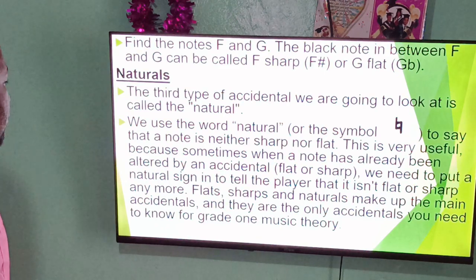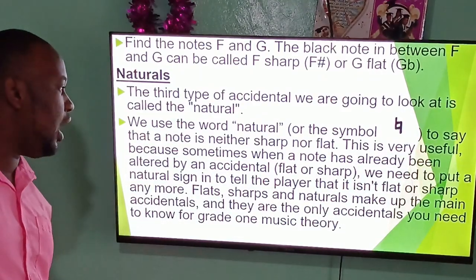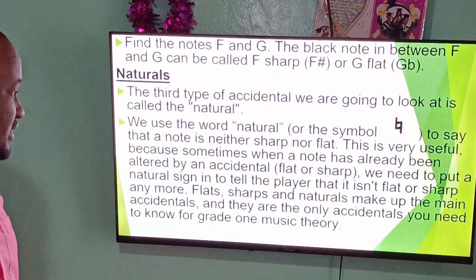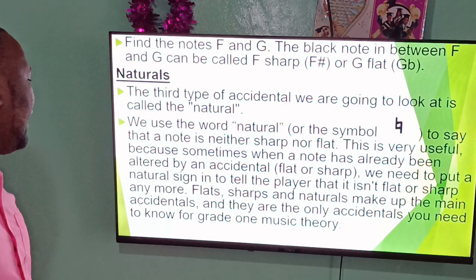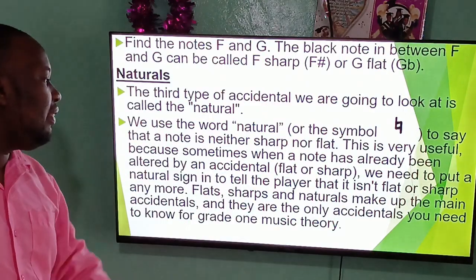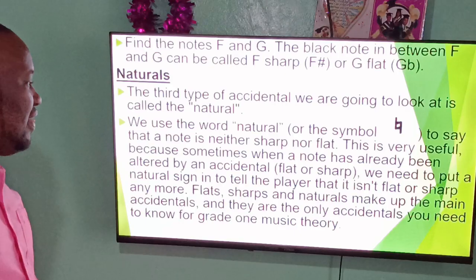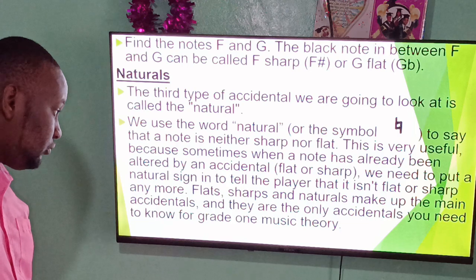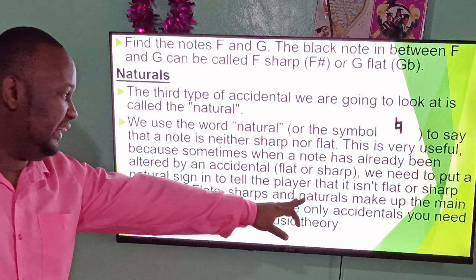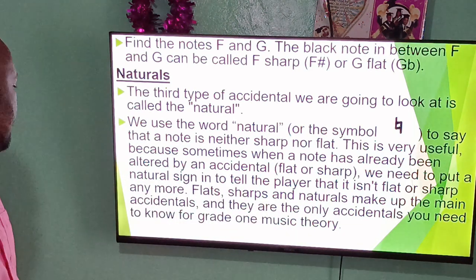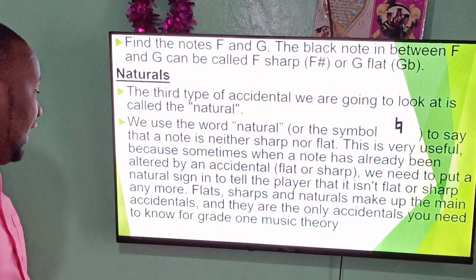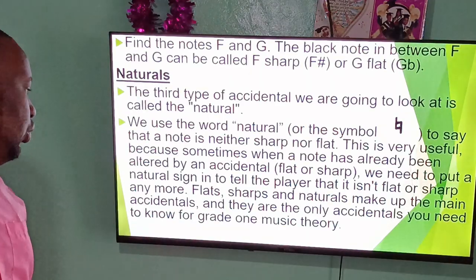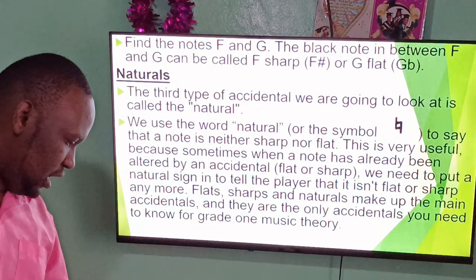This is very useful because sometimes when a note has already been altered by an accidental, that is a flat or a sharp, we need to put a natural sign to tell the performer that it isn't flat or sharp anymore. Flats, sharps, and naturals make up the main accidentals that we are going to cover in this level, and they are the only accidentals that you need to know in grade 1 music theory.